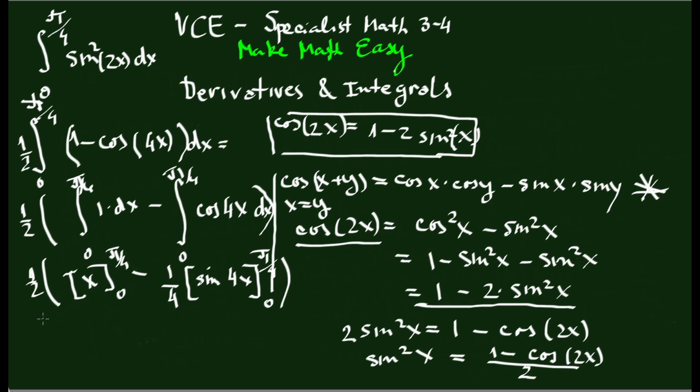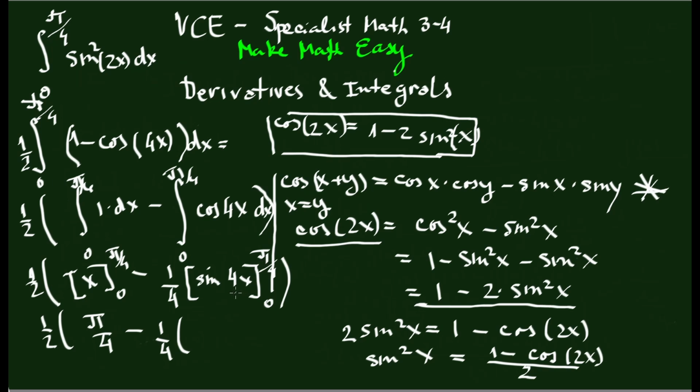The first bit becomes pi quarter minus x times 0, 0 minus 0, so just pi quarter, minus 1/4 times what's left there. Sine of 4x with x equal to pi divided by 4 is sine of pi.